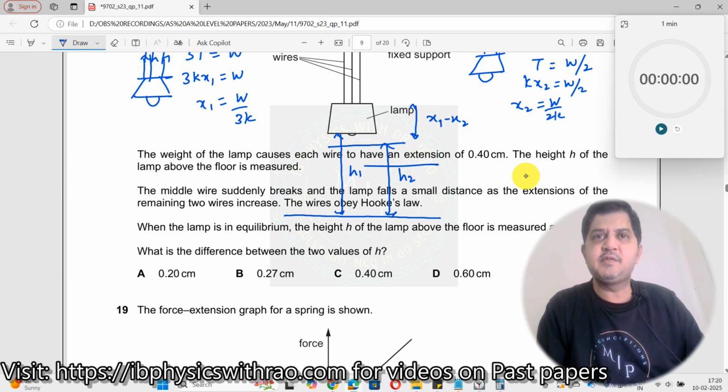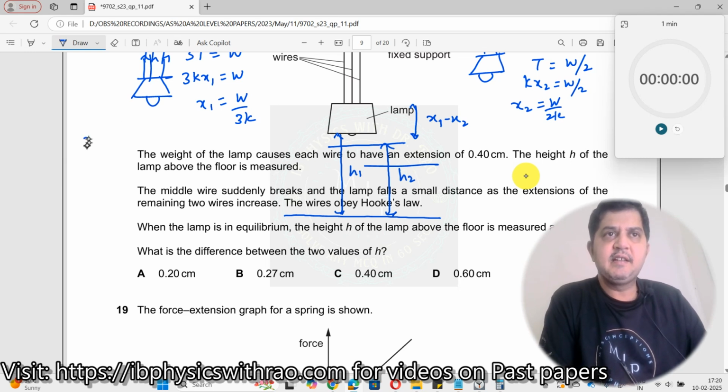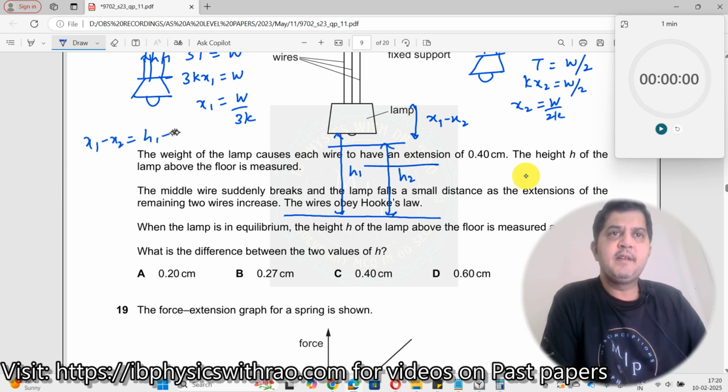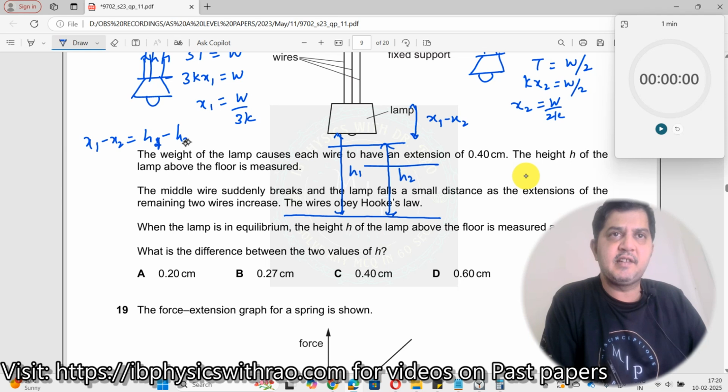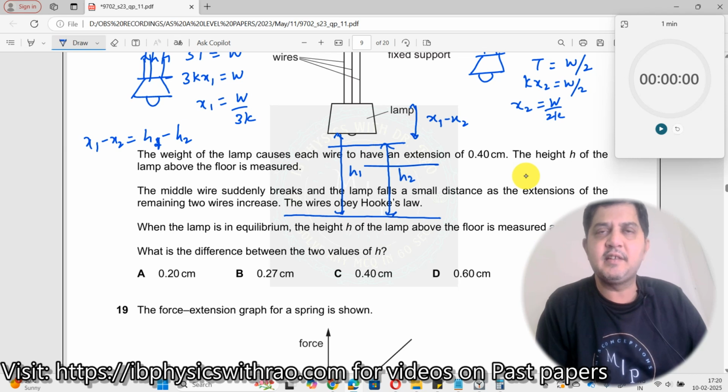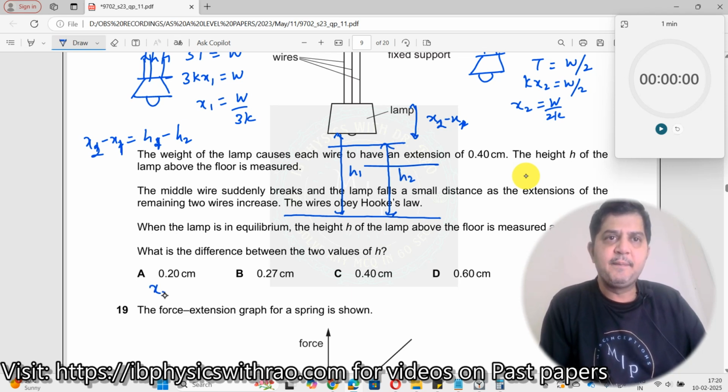The reason is that x1 is smaller and x2 is larger, and h2 is smaller. But x2 plus h2 will be equal to x1 plus h1, right? So I can always write x2 minus x1 is equal to h1 minus h2.